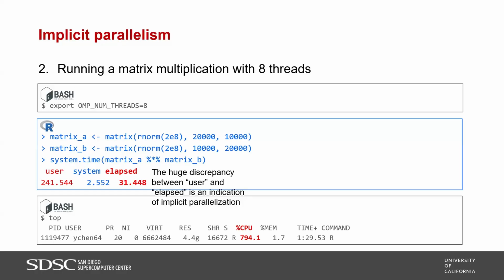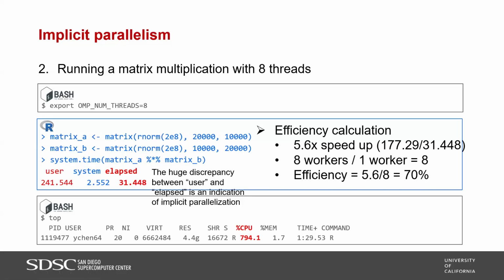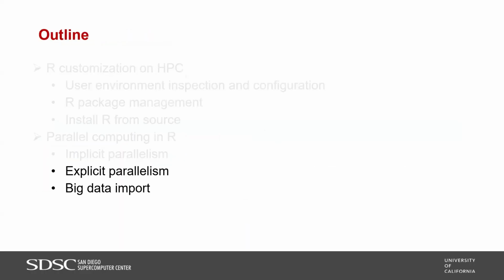That's to confirm that it's running in parallel. But how about the efficiency? Now we have run the code in parallel. The efficiency in this example is around 70%, which is not bad. Okay, that's about the implicit parallelism.